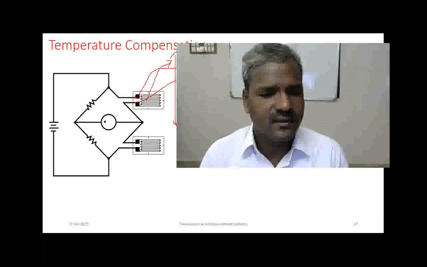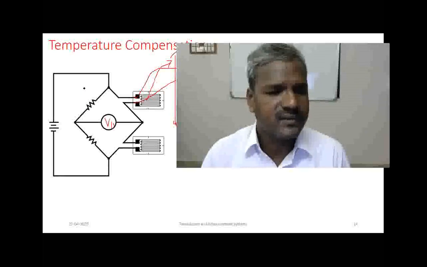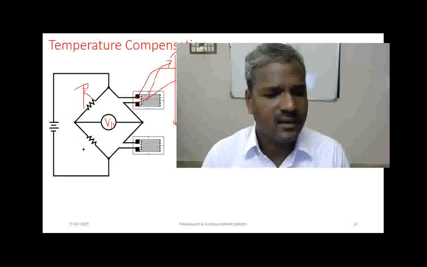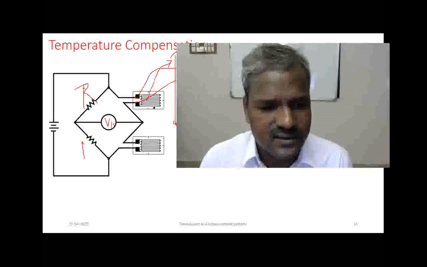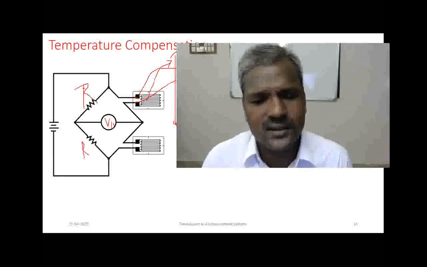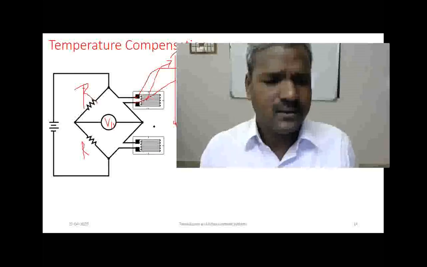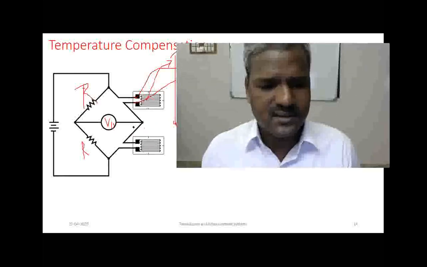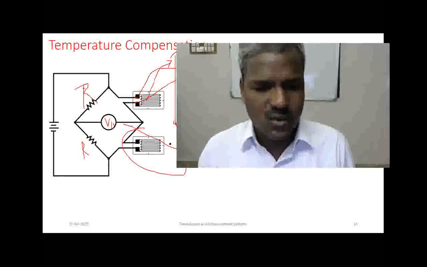Say this is the V0, and these are fixed resistances R and R, but this strain gauge alone is bonded over the field. Suppose you forget about the other strain gauge; we are not considering it. We consider this strain gauge alone.